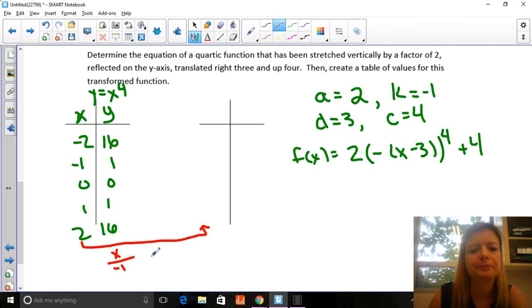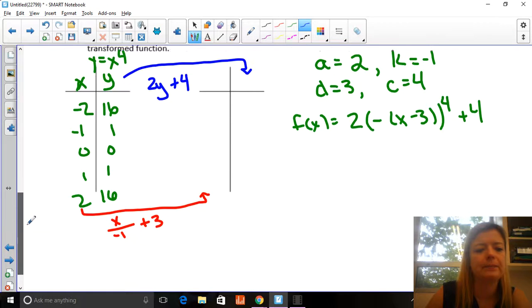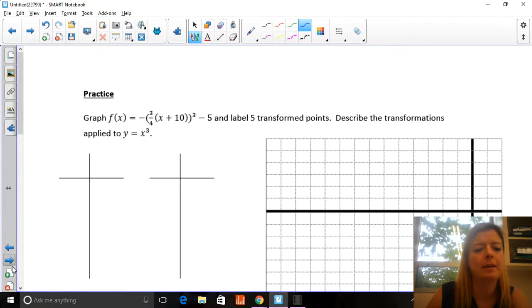It does the same thing. And then you add 3 to them. And then all the y values are being multiplied by 2, and you add 4. Okay, so I'll leave you guys to do that. That's pretty straightforward, and I think you're used to doing that. Okay, compare answers tomorrow in class.